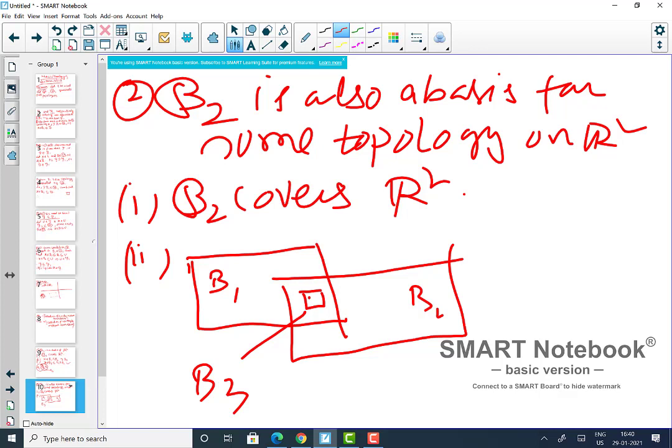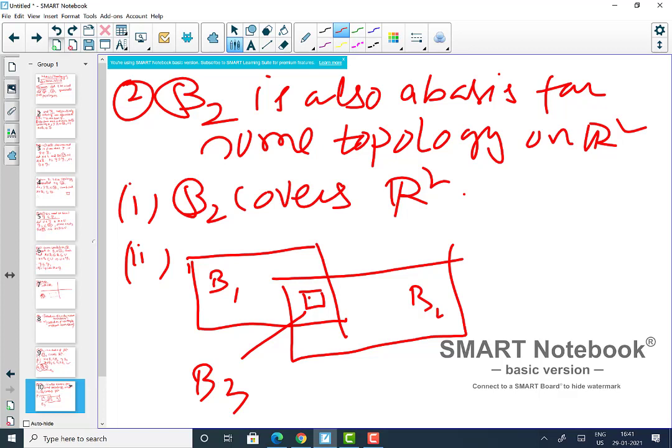So this tells you that script B2 is also a basis for some topology. Now the moment I have basis elements, I can generate the topology by taking unions in both cases.